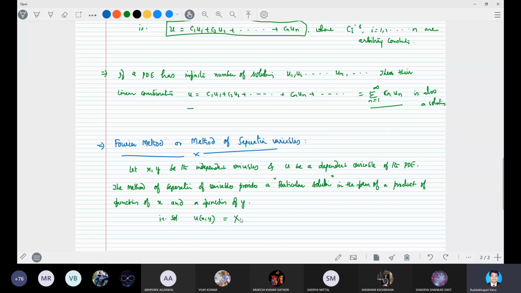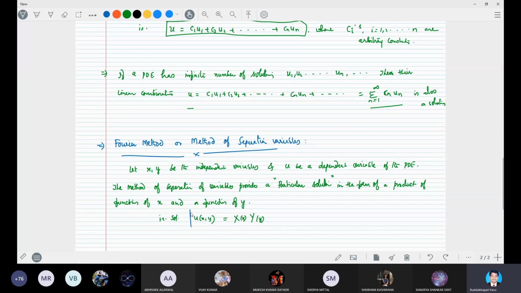We write the solution as a product of a function of x alone with a function of y alone. Say capital X is the function of x alone and capital Y is the function of y alone. This is very important.